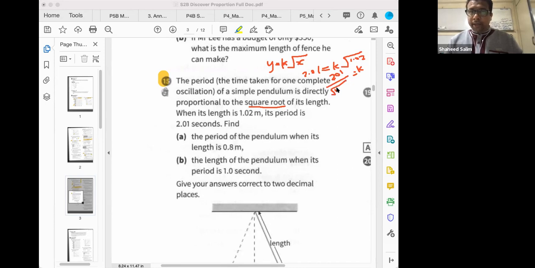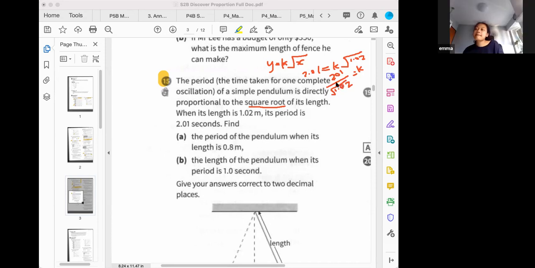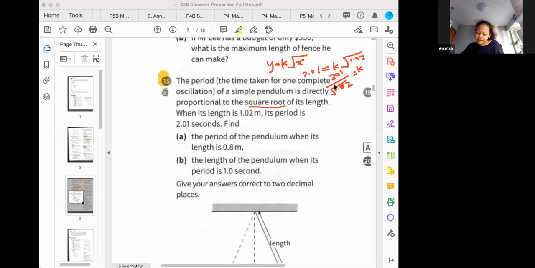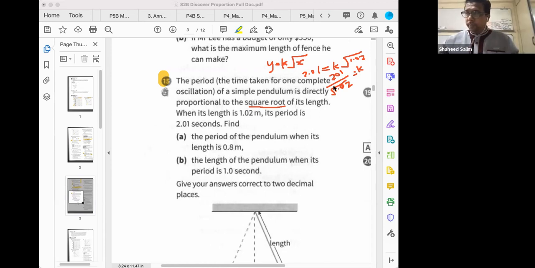You do your working at the last part. So you try 2.01 divided by square root of 1.02, and then you will get 1.99. Do you get it?